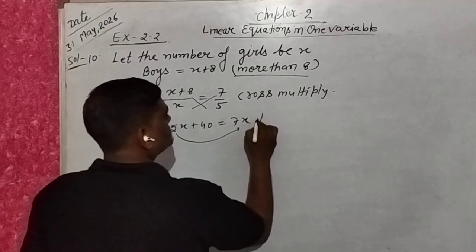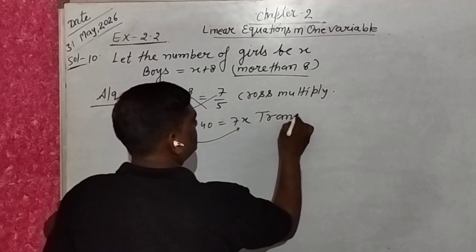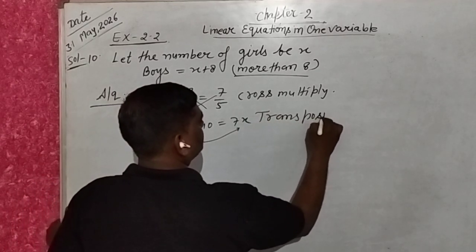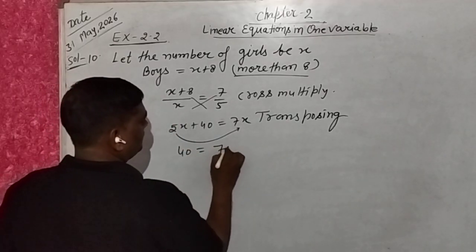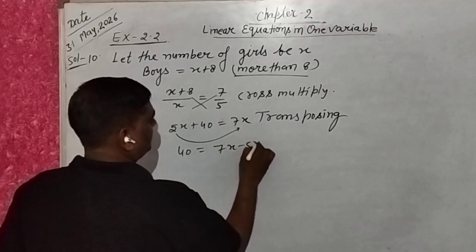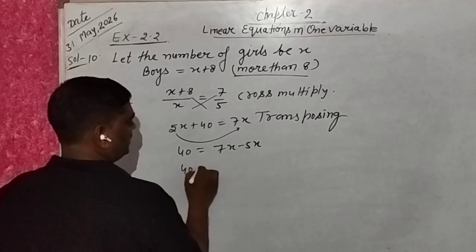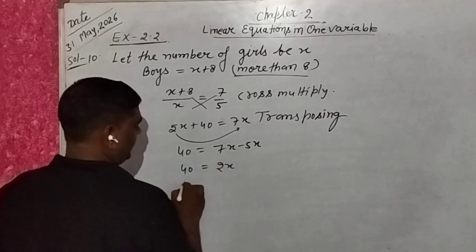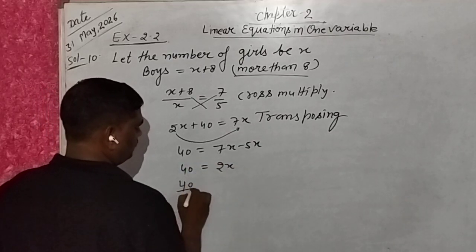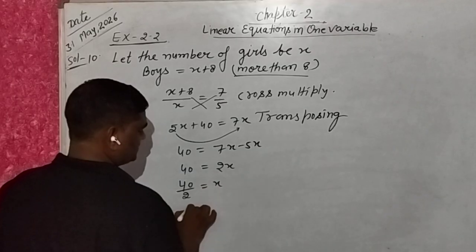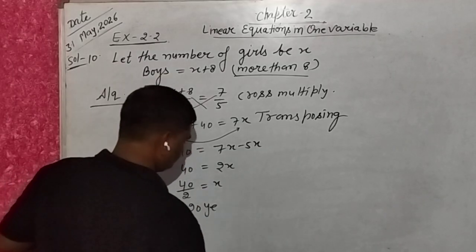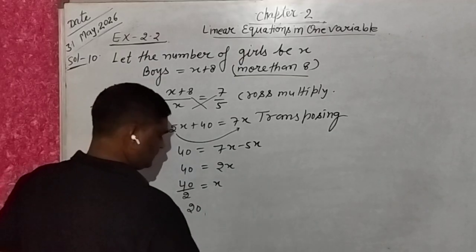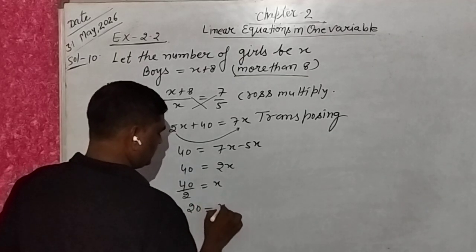If you transpose 5x, 40 is equal to 7x minus 5x, 40 equal to 2x. x value, 40/2 is equal to x, 20. x is 20.